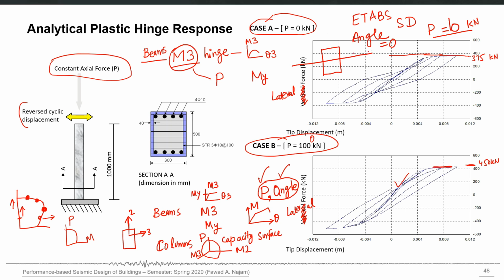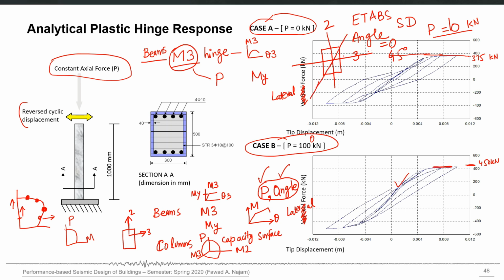If this is 3 axis, then it means that the moment is M3 when angle is 0. If angle is 90, we are talking about M2 when the neutral axis becomes the vertical axis.